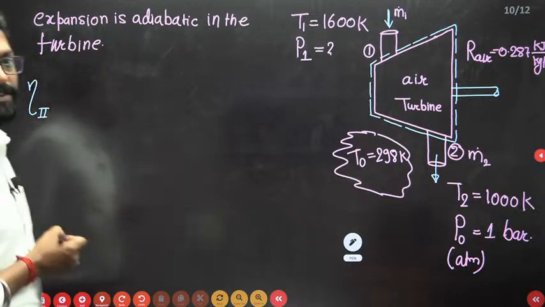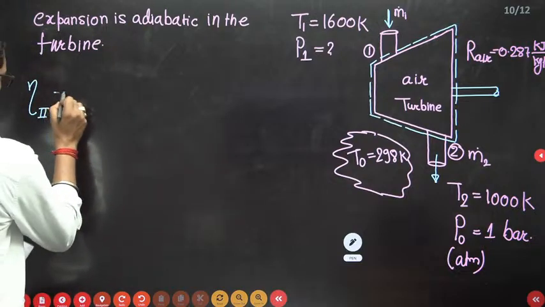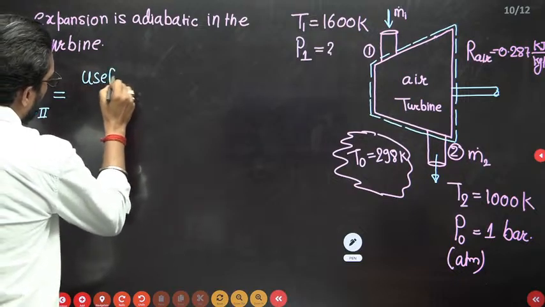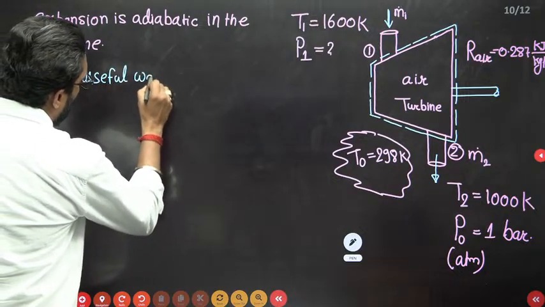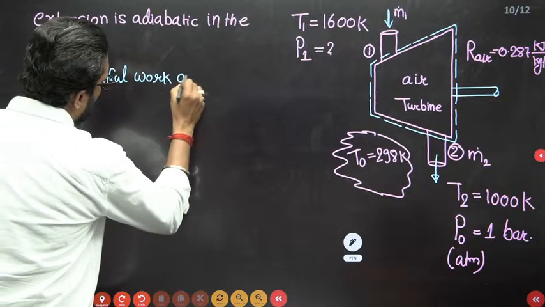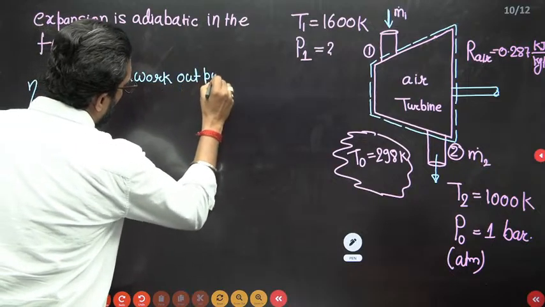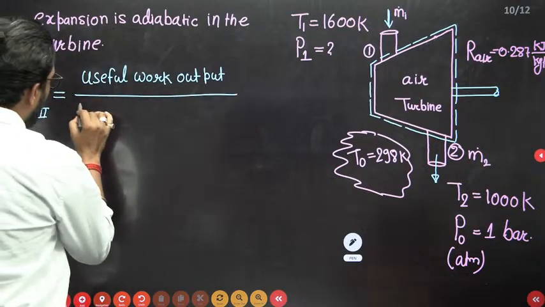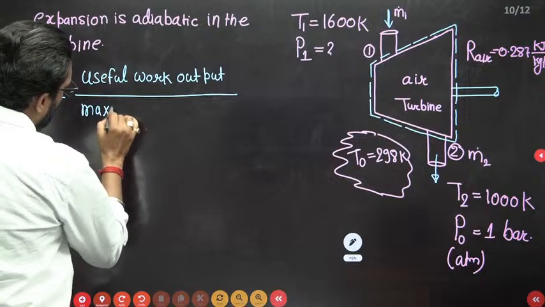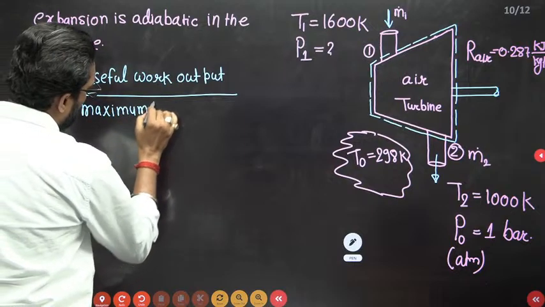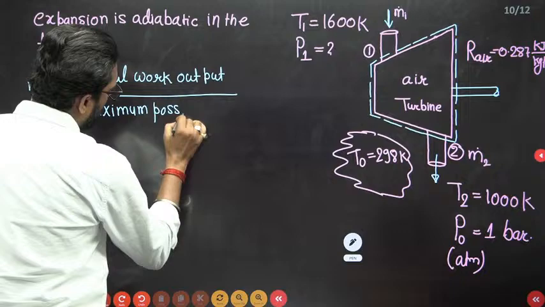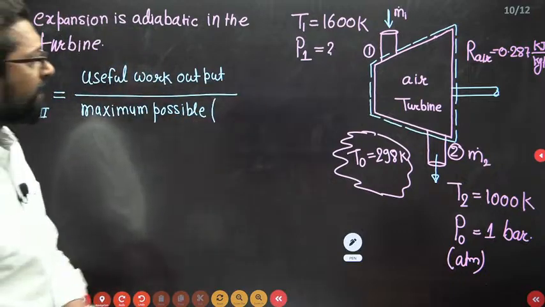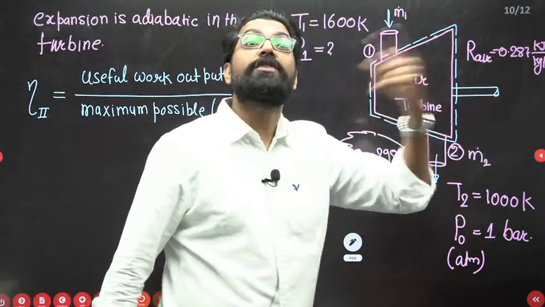Now, what is the second law efficiency? You know that? That is the useful work output divided by the maximum possible work output. The system will deliver maximum work when the system is reversible.